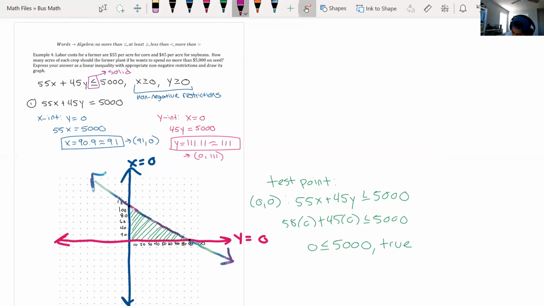So I'll put that down here. 91 acres of corn and 111 acres of soybean. Okay. Any questions on this one?